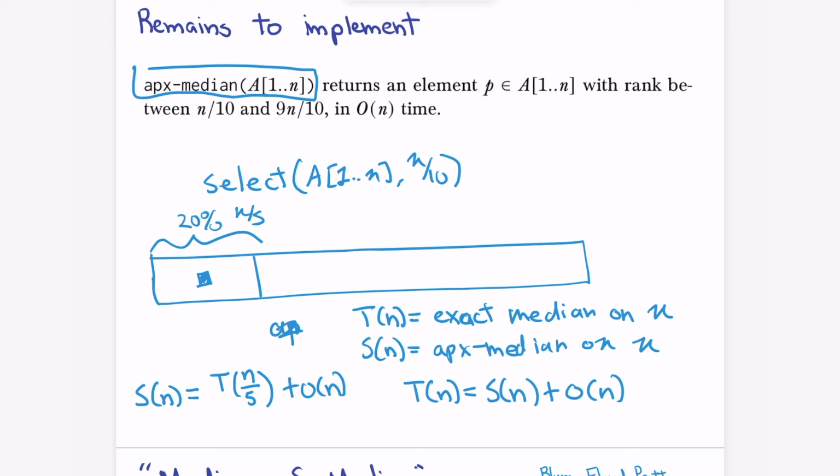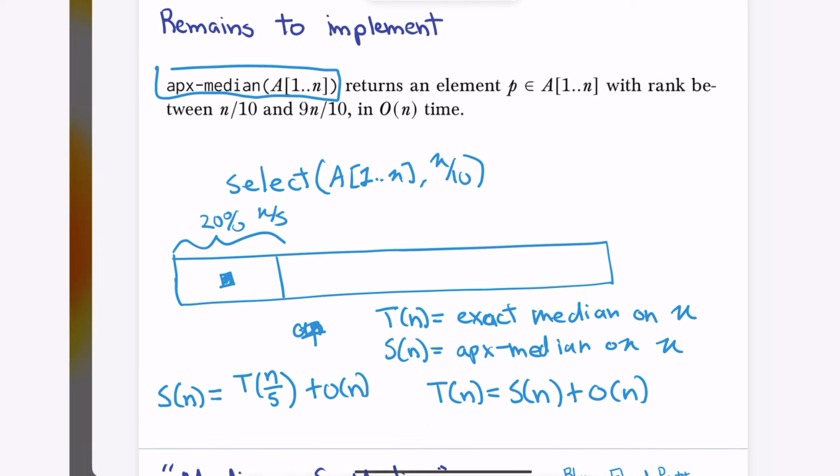And that means if I substitute in for S of n, we get something like this. Okay, I know what I did wrong. There is a bug here.